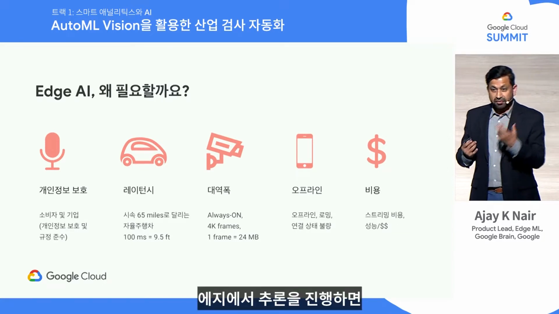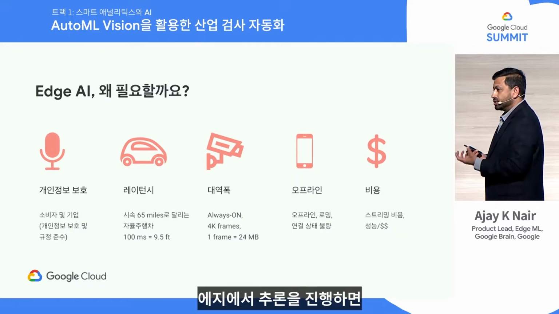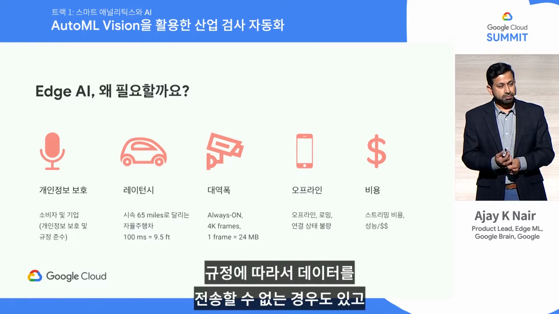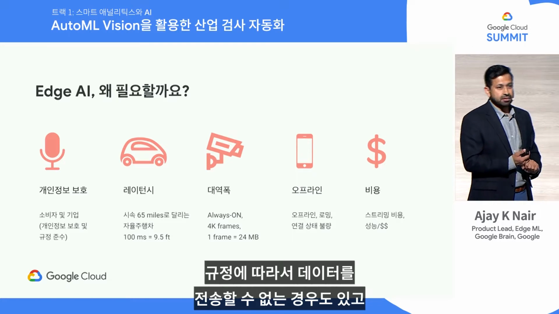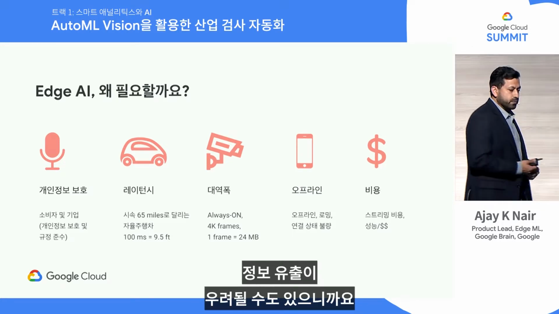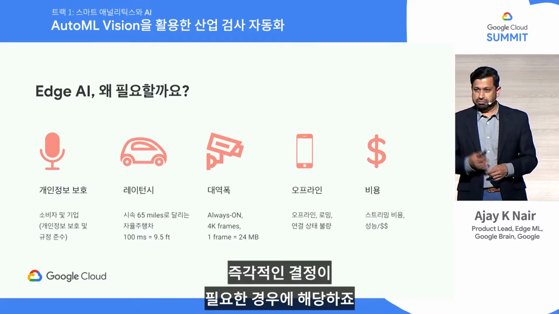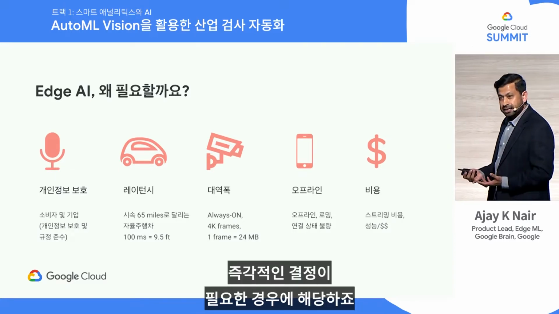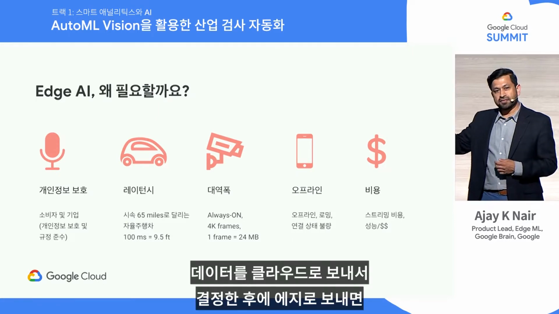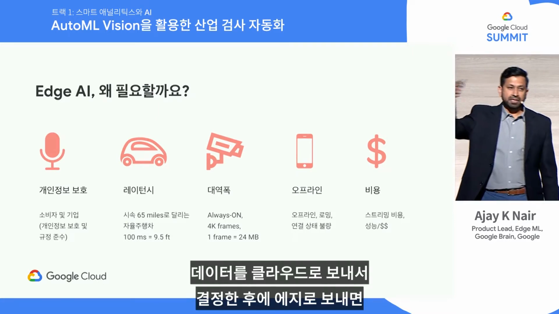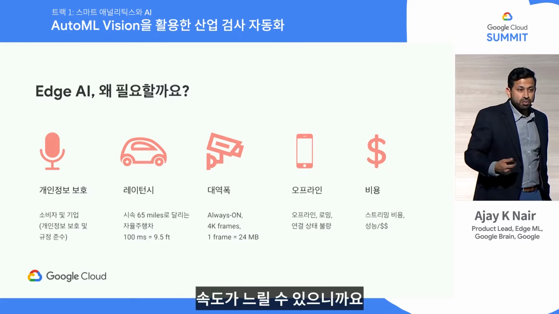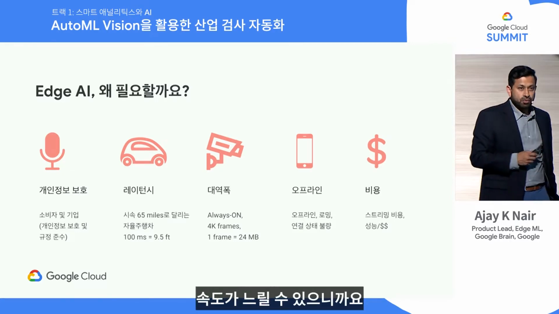So if you run inference at the edge, you don't need to take all of the data to the cloud, which might either be not allowed in certain countries based on regulations, or just has privacy concerns. The other one is latency. Sometimes you need to make a decision immediately. You cannot afford the round-trip latency of sending the data to the cloud and then taking a decision there and sending the decision back to the edge. That might be slow.